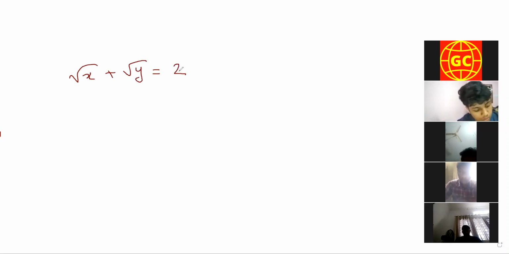Root x plus root y is equal to 2. Then find dy by dx at y is equal to 1. If root x plus root y is equal to 2, find dy by dx at y is equal to 1.